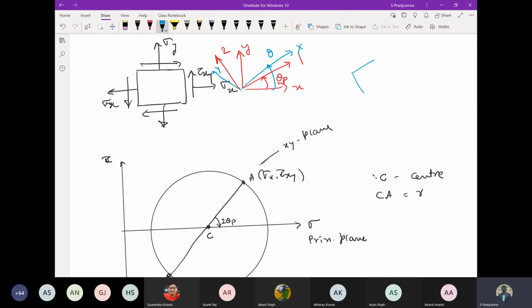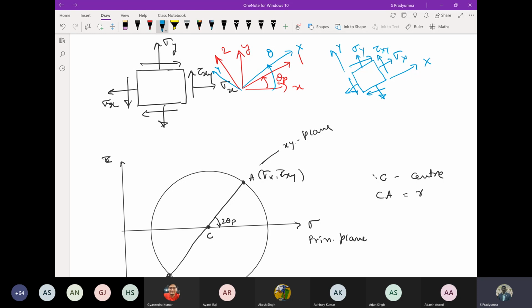This is the rotation I am making. This is the direction of capital X and this is the direction of capital Y. What is this sigma capital X? What is the value of tau capital XY? What is this sigma Y? These are the details I have to understand now.